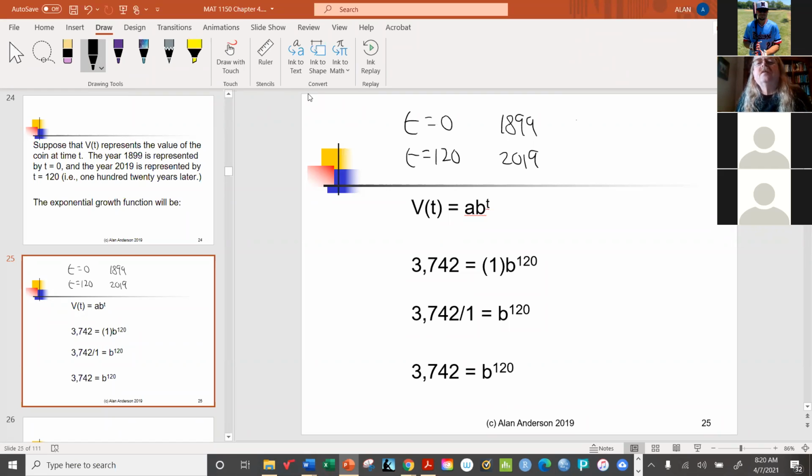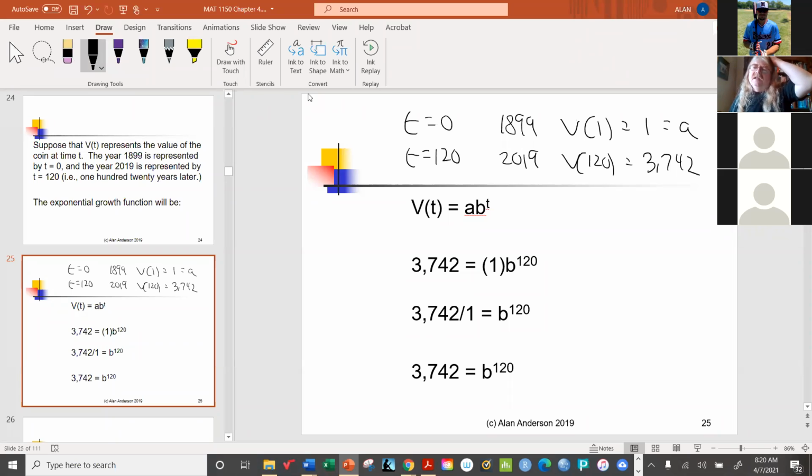We also know that the value at time 120 is $3,742. And the initial value was $1, but this is not being referred to as V1. We're calling that a in our formula. Okay, so we do some plugging in and we get a similar situation to what we had before. How do you solve for something like this?